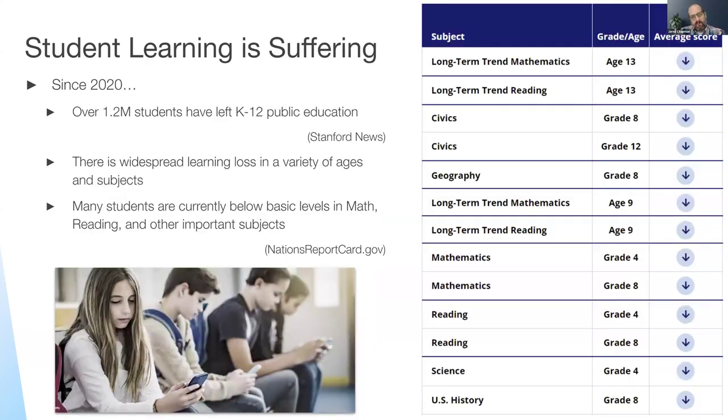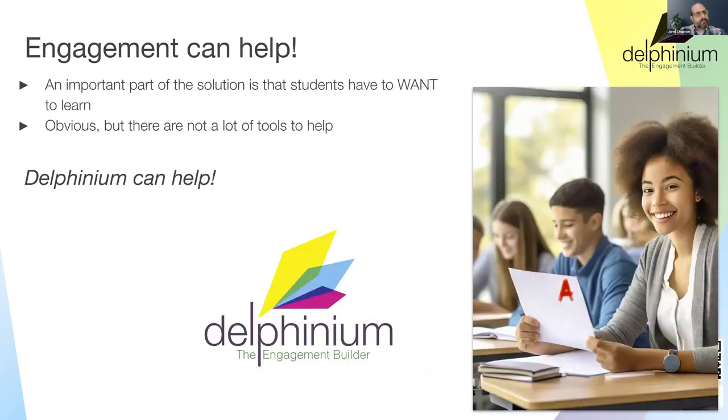Another major challenge is that overall education is struggling. After the pandemic, we lost about 1.2 million students that just kind of disappeared. And we're seeing a lot of learning loss and low performance in a variety of different topics.